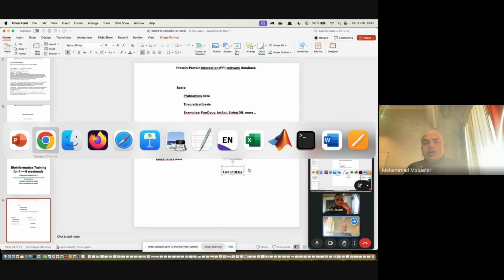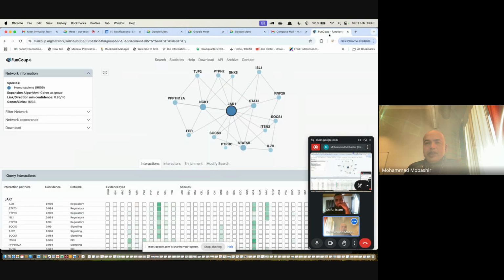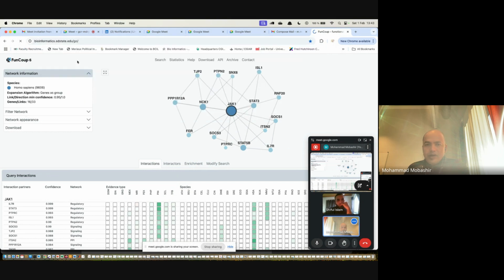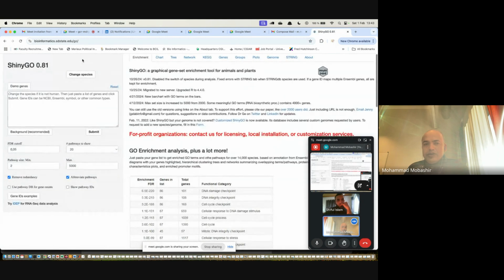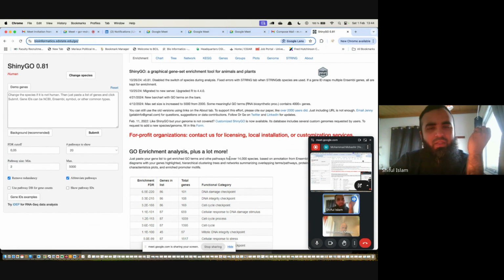Do you remember that last time I discussed something with you regarding the analysis step? Do you remember this software, SRplot? I think we haven't discussed this one before.